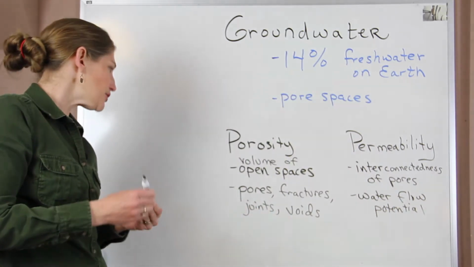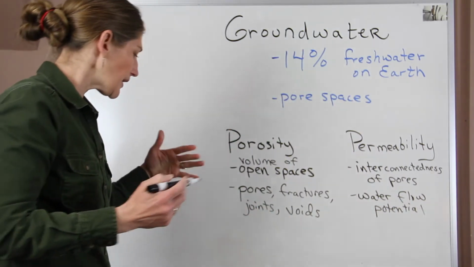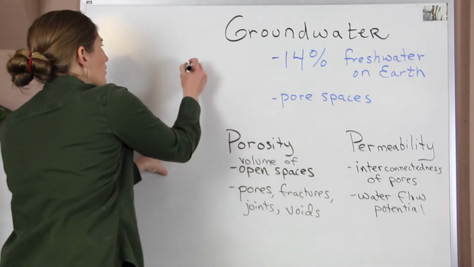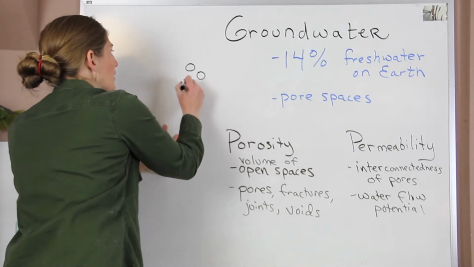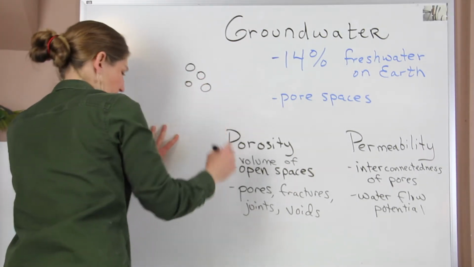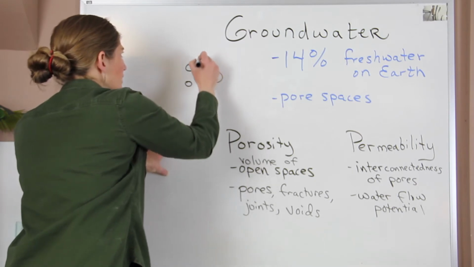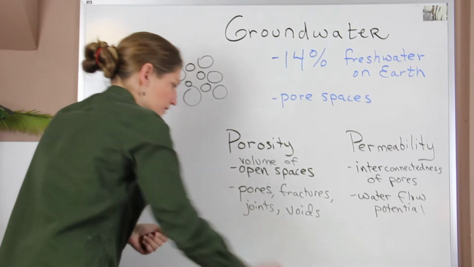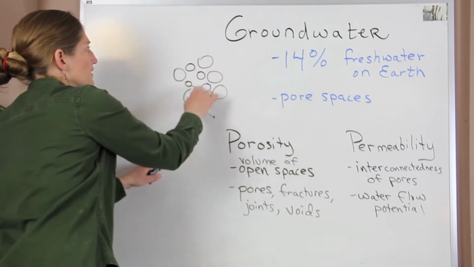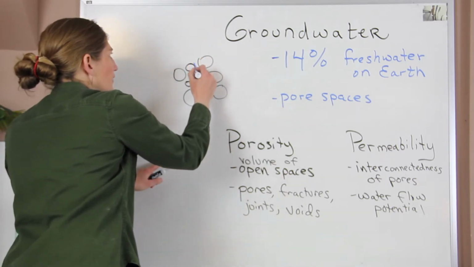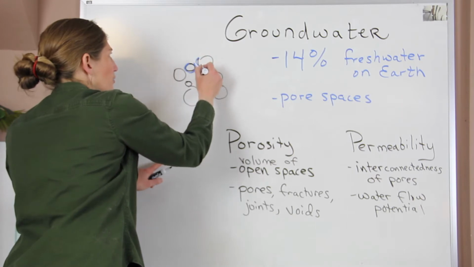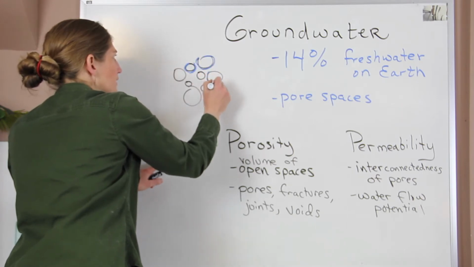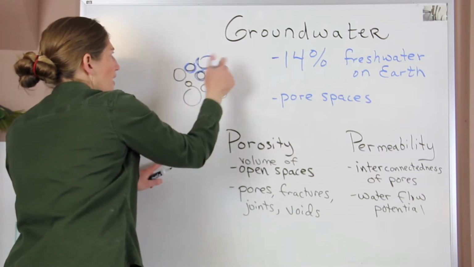So when we talk about porosity, I usually think about a sandstone that has large grains coming together. So the pores are all of these open spots, and again, they can be filled with water. The water will stick around the grains, and then it can also have air.